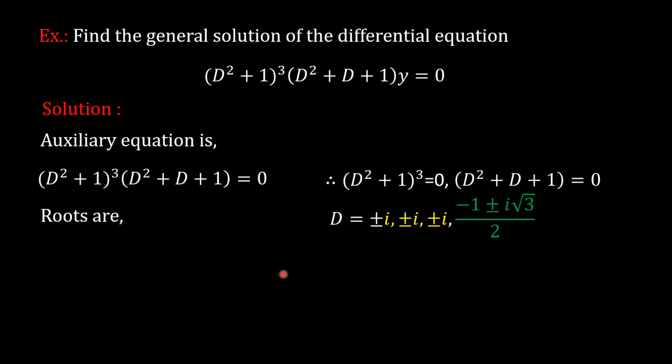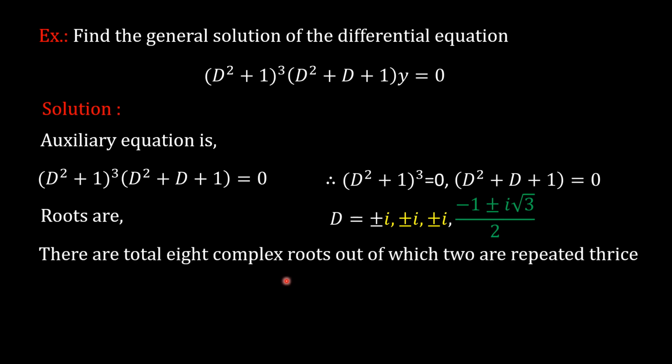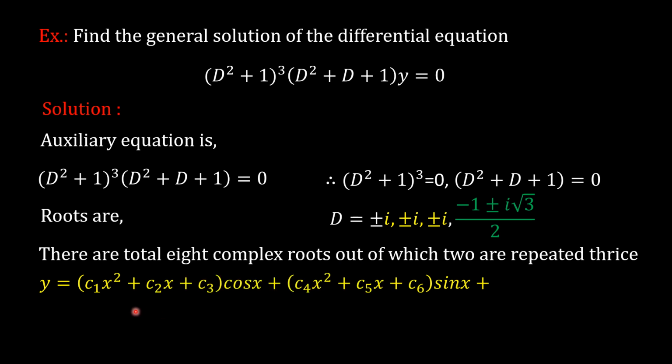So recall the procedure of obtaining the general solution when roots are complex, both distinct as well as repeated. As plus minus i is repeated 3 times, the corresponding term in the general solution will be (c1x square plus c2x plus c3) into cos x plus (c4x square plus c5x plus c6) into sin x, whole bracket complete, into e raised to 0x, because here the real part is 0 and e raised to 0x is considered as 1.